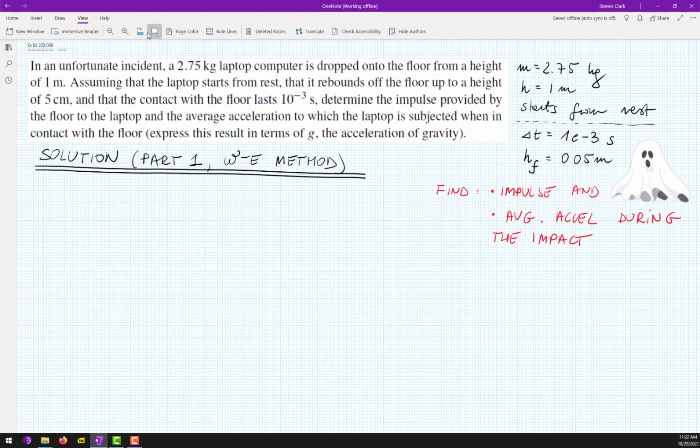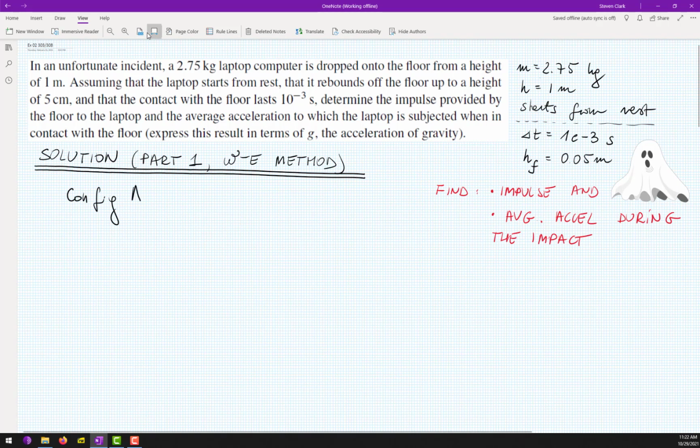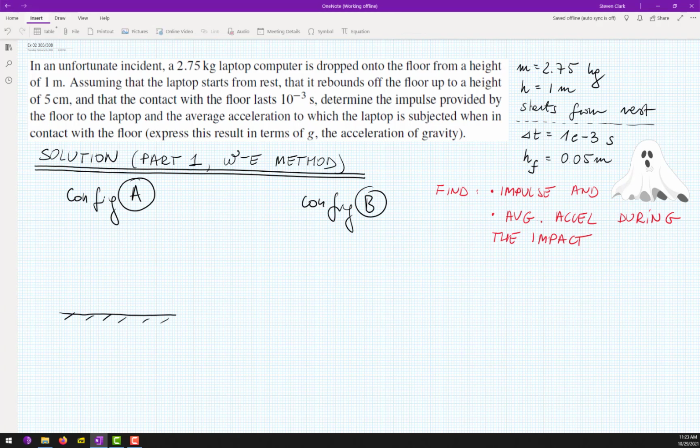So it will be again the work energy method. Let's draw configuration A, configuration B. Let's draw our ground here and here and here.